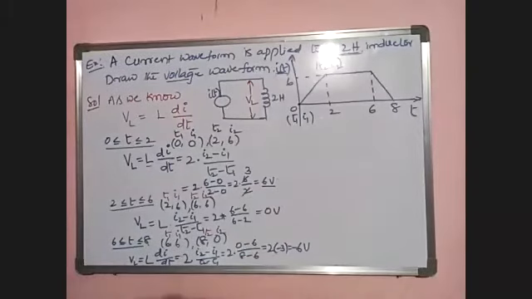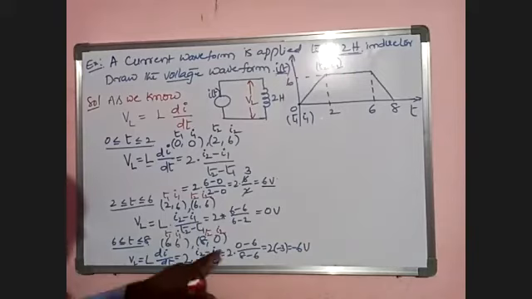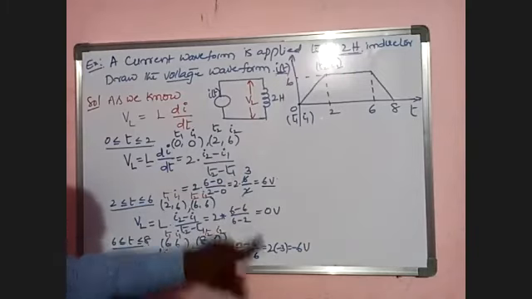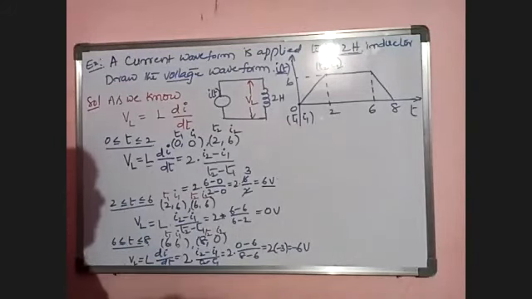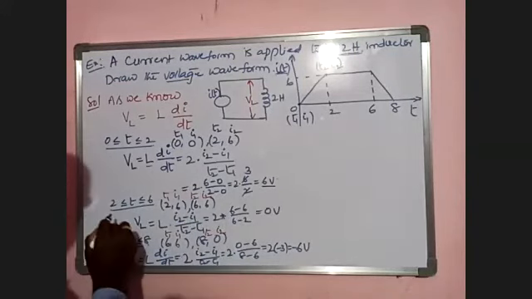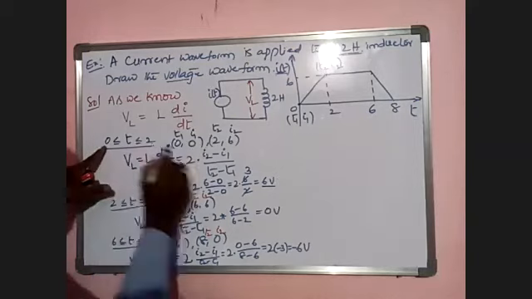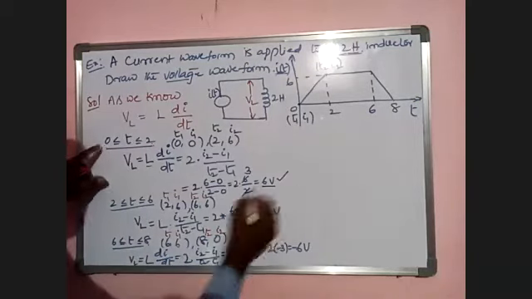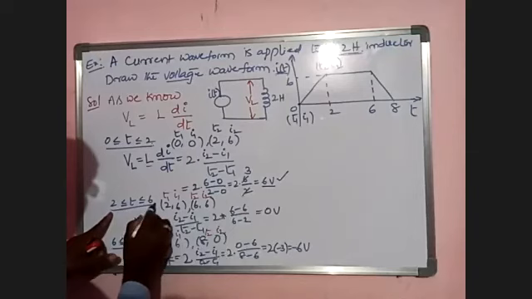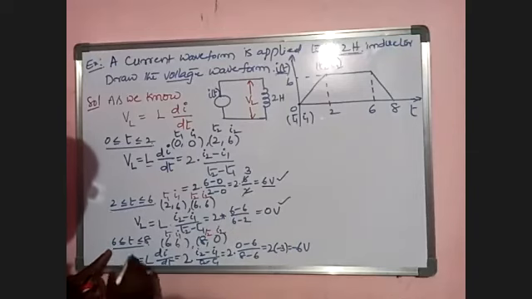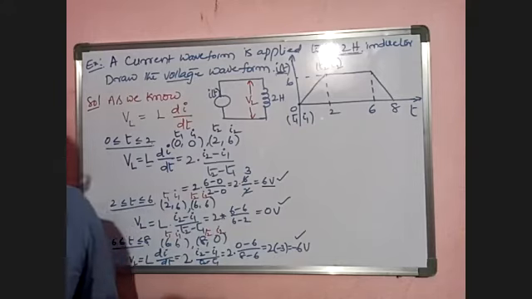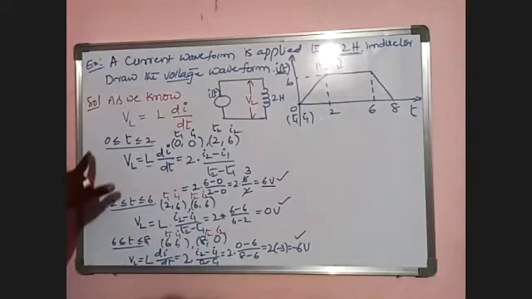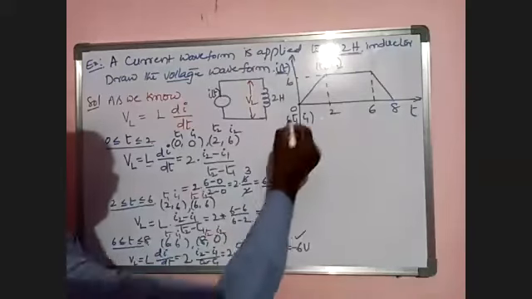So during these three intervals, the voltage has a constant value. From 0 to 2, it is 6 volts. From 2 to 6, it is 0 volts. And from 6 to 8, it is minus 6 volts. Now you draw its waveform on the same scale.